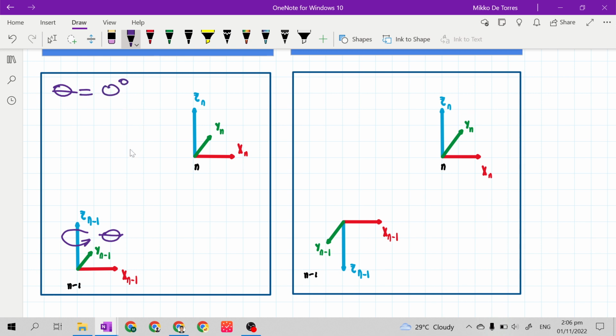We will use degrees as the unit of our theta and alpha. Okay. So this is our first example.